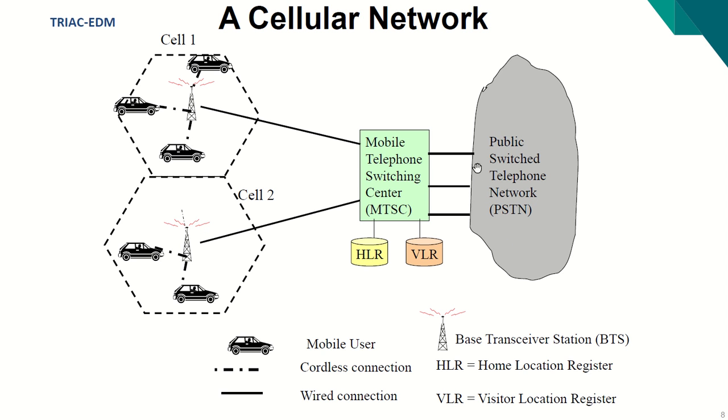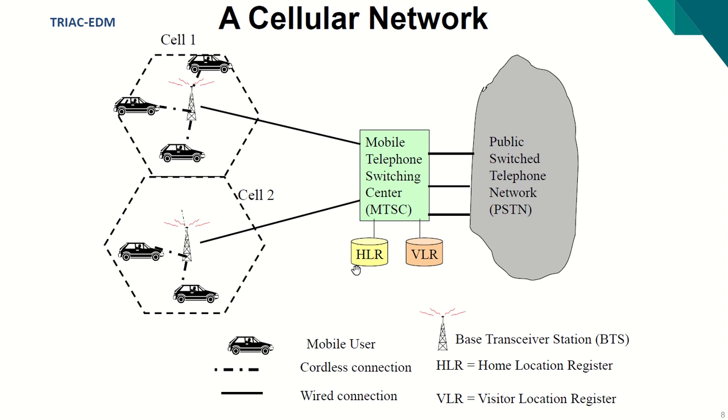So people would need to communicate wireless users with the users in PSTN. Then it has to again go through this switching center so that it communicates with the PSTN user.